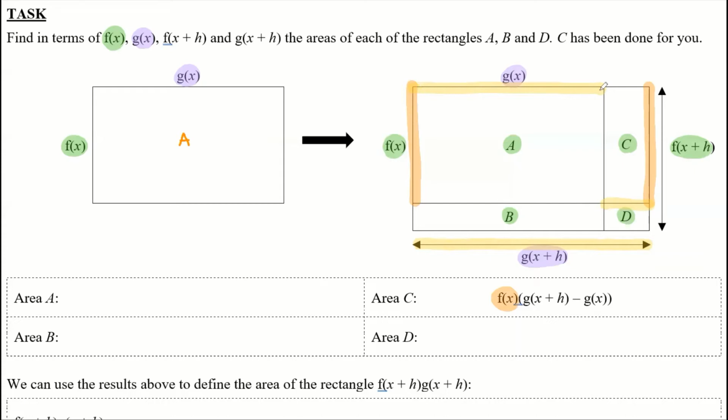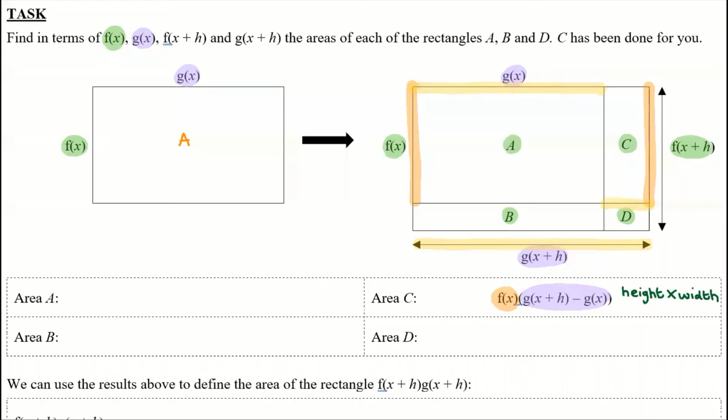So that's why we've got g of x plus h subtract g of x here. So it refers better to the diagram. So we've got the height of the rectangle, which is the f of x, multiplied by the width, like that. Okay, so what I'd like you guys to do, pause the video and have a go at calculating the areas of the other remaining 3 rectangles.